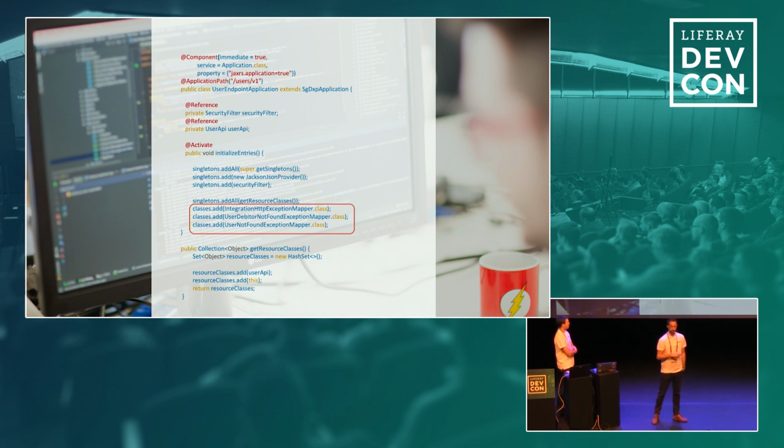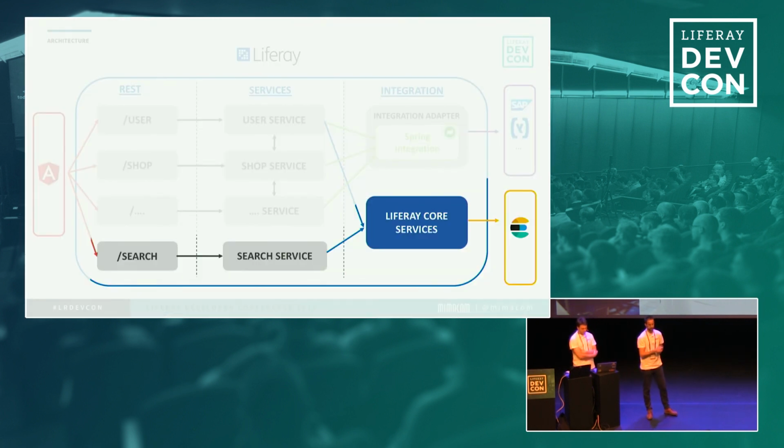We also built some custom exception mappers. From our API, we can throw some runtime exceptions that will be managed by these exception mappers and will return the HTTP code that we want to send to the front end.